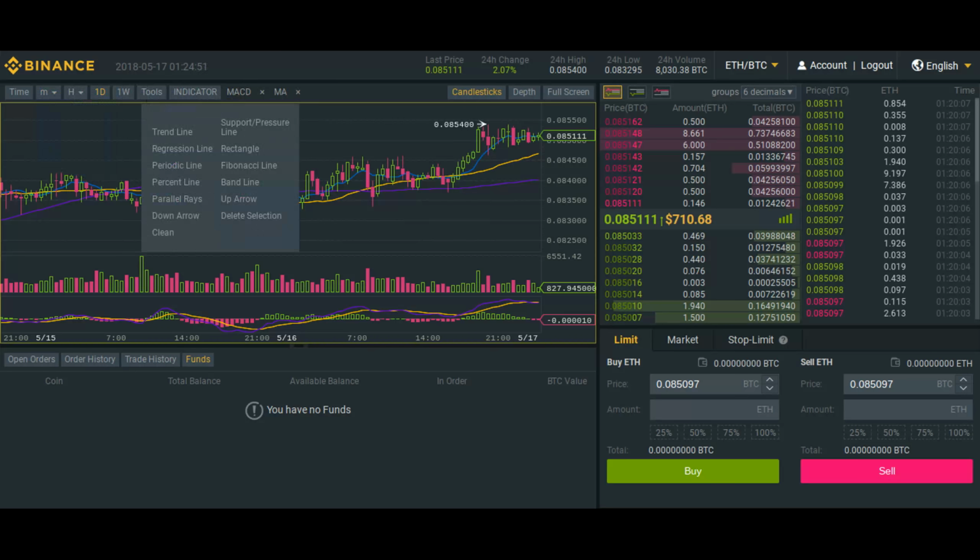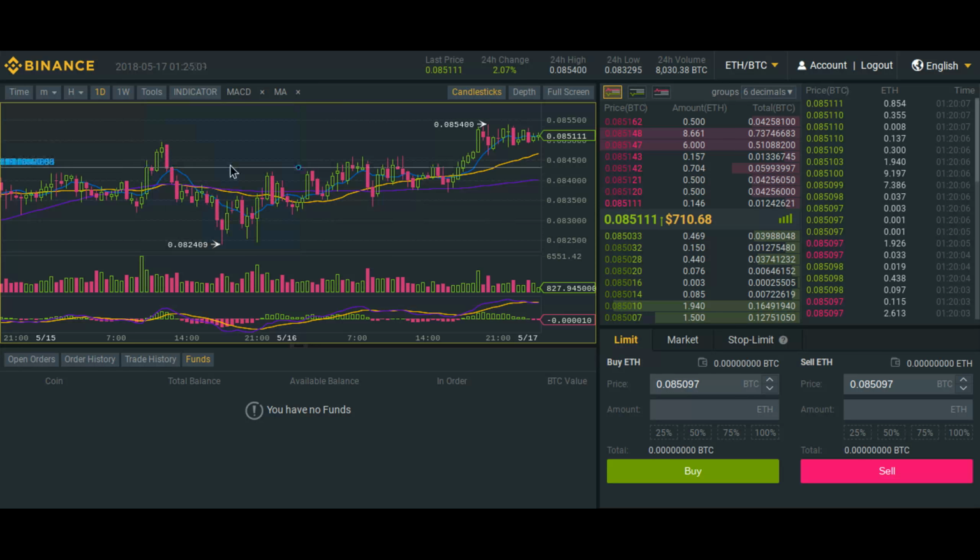When we hit tools, you see we have a number of options. Off top, I'm going to pick Fibonacci line because I love using the Fibonacci tool. And we're going to pull it from the swing high to the swing low. Hold on.